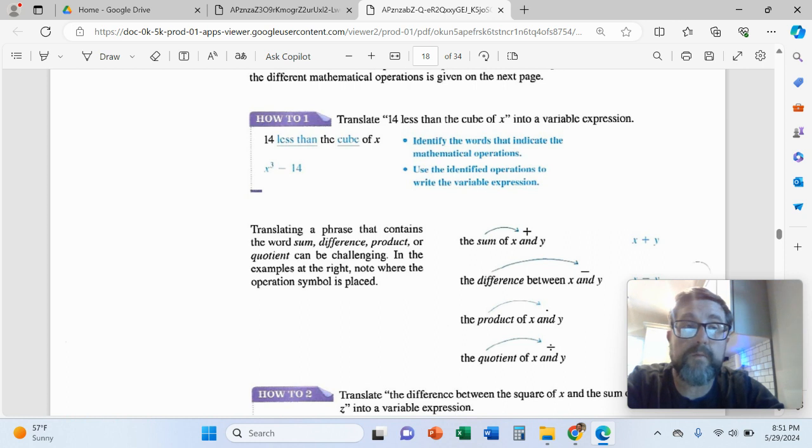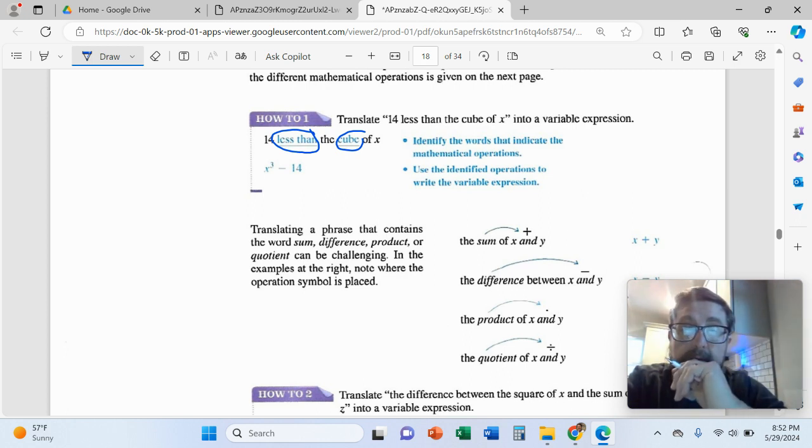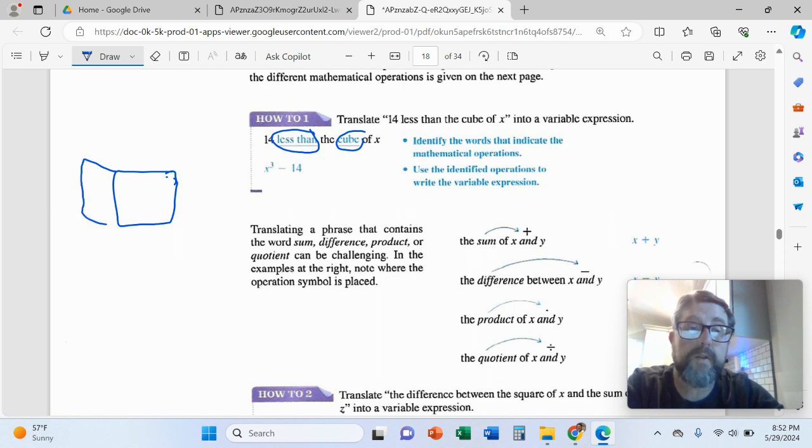Right here we have less than the cube of x. Remember, when we cube something, we're taking it to the third dimension. Right now it's squared, in a square, but if we put it into a cube, we're putting dimensions back on it.